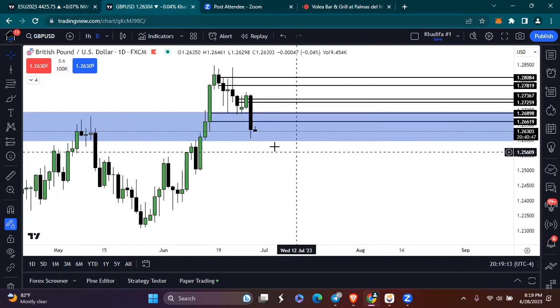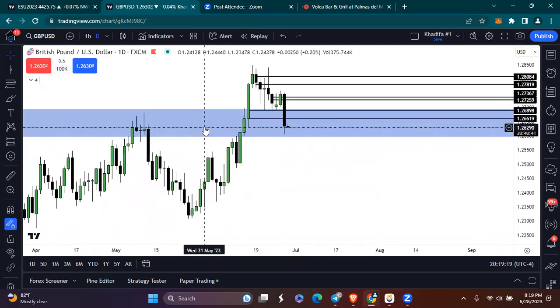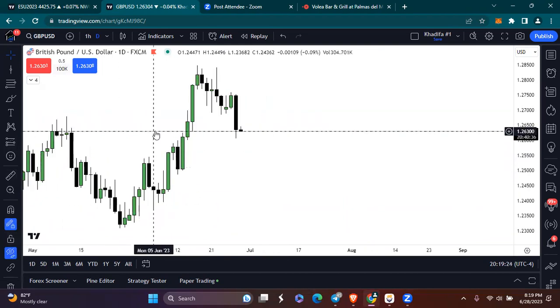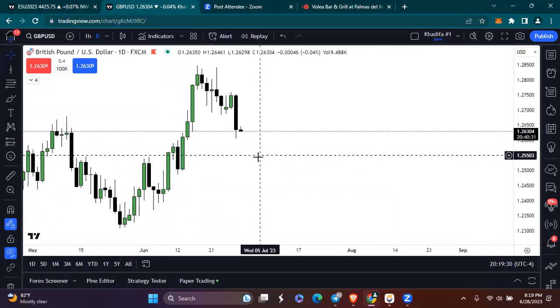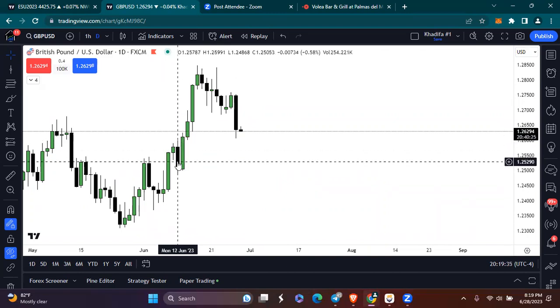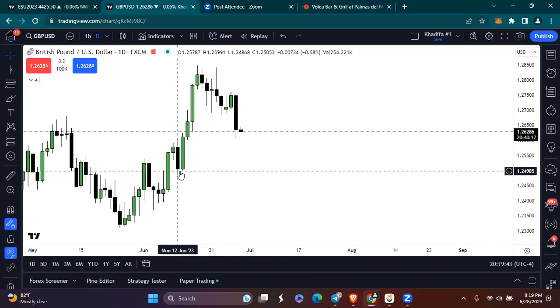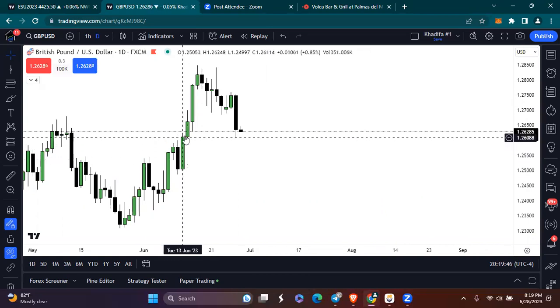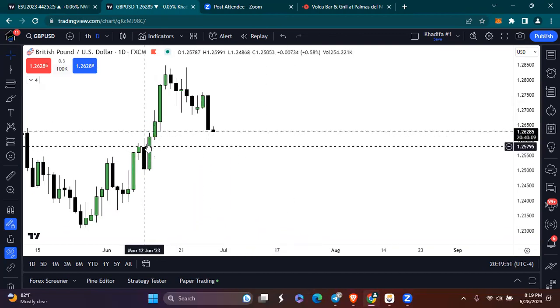GBP USD already moved. GBP USD might fall on down into this, she might fall on down into there.